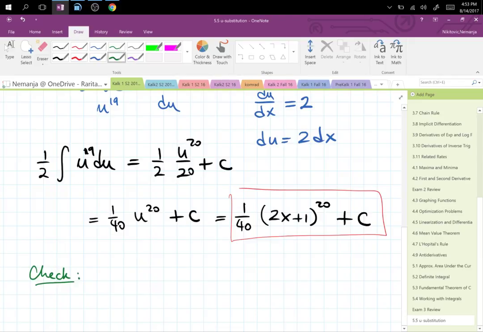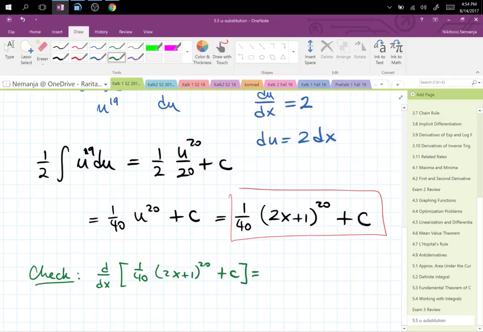So now I want to differentiate this and make sure that this is correct because I care. So I'm going to take the derivative with respect to x of 1 over 40, 2x plus 1 to the 20 plus c.